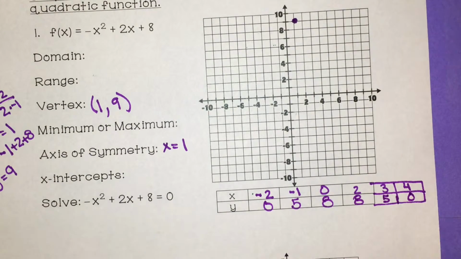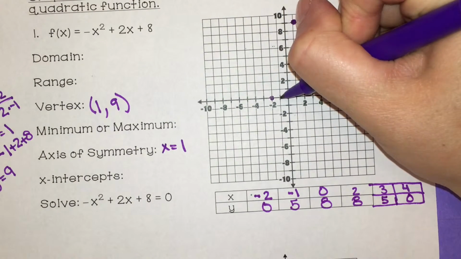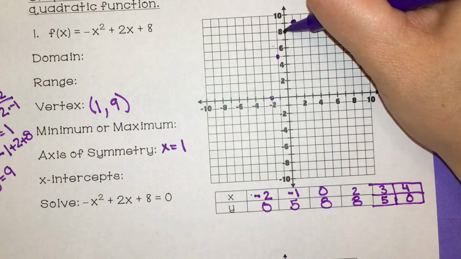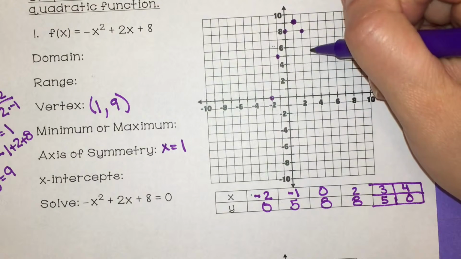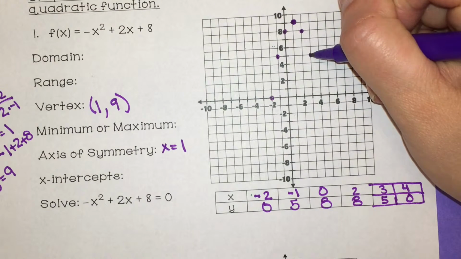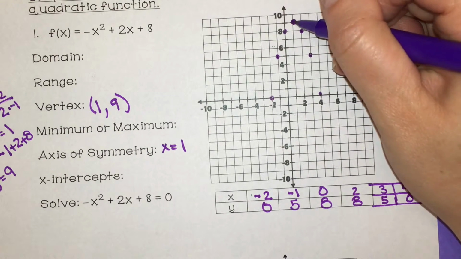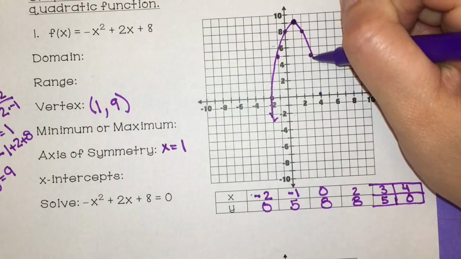So I'm going to graph these. -2, 0. -1, 5. 0, 8. 2, 8. 3, 5. And 4, 0. Okay, graph that.